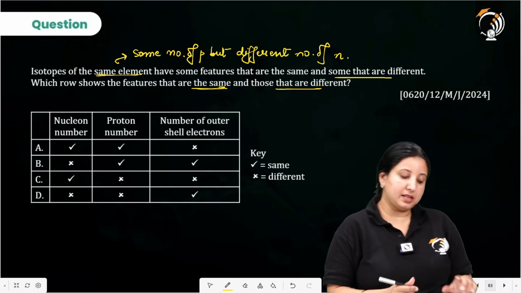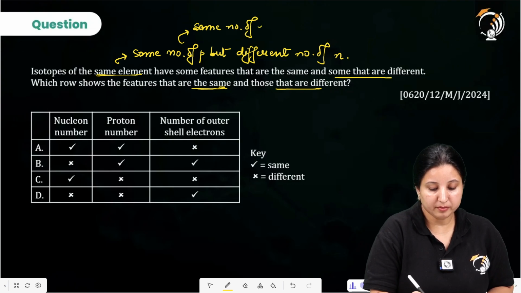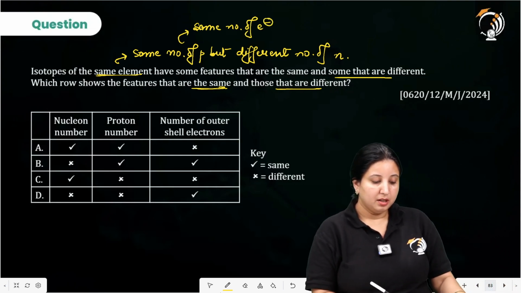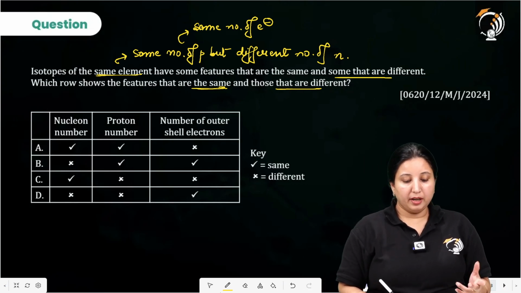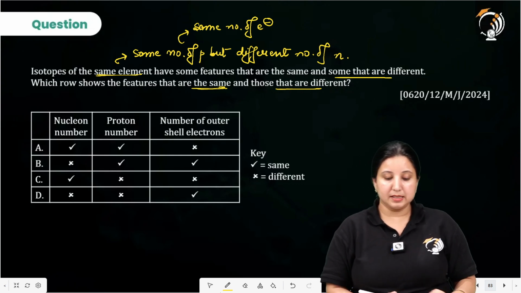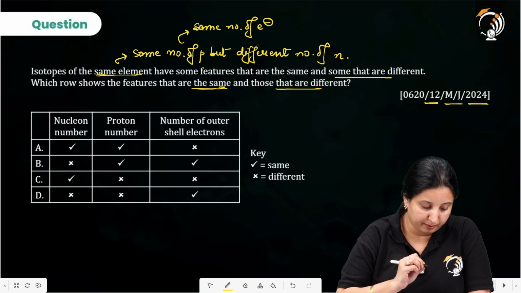Now when they are having the same number of protons, means they are also going to have the same number of electrons, and if they are going to have the same number of electrons, their electronic configuration is going to be same. Look, this question is also from the variant 12, May June series, year 2024 over here.